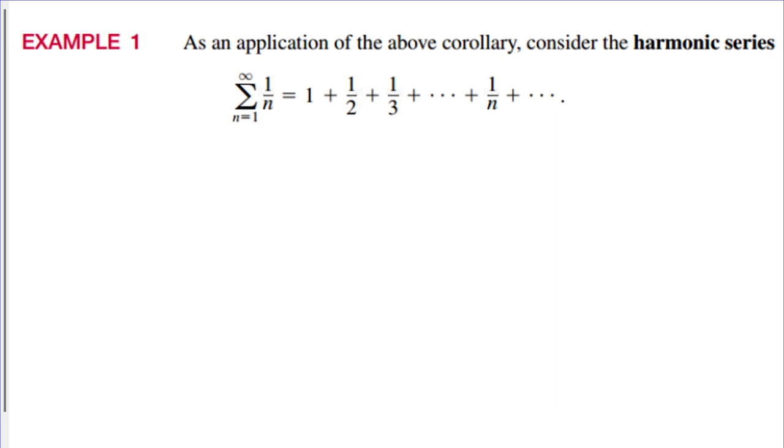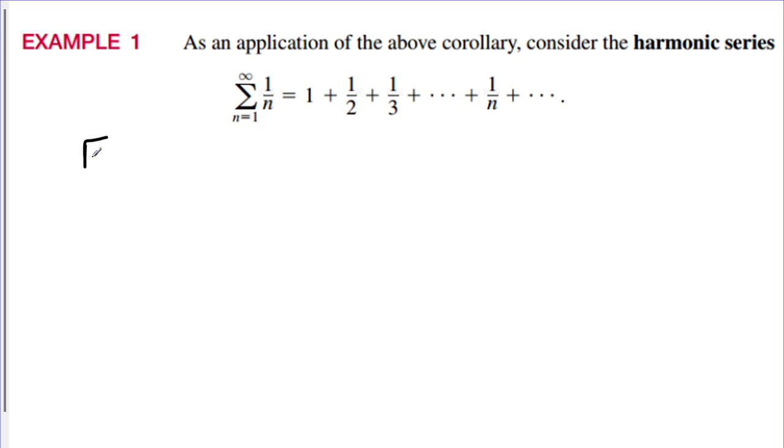For example, let's consider the harmonic series. The sum from n equals 1 to infinity of 1 over n is the series 1 plus 1/2 plus 1/3, all the way up to 1 over n, on to infinity.